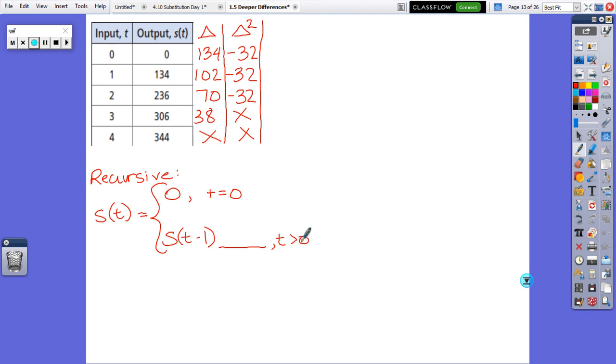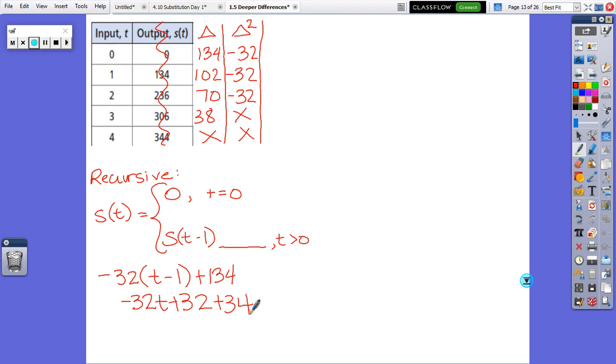So again, we're going to take our delta 2 column, we're going to multiply it times t minus 1, and we're ignoring this part right now, so this is like our new delta, this is our new output at 0. We're going to add 134, okay? So negative 32 times t is negative 32t, and then negative 32 times negative 1 is positive 32 plus 134.